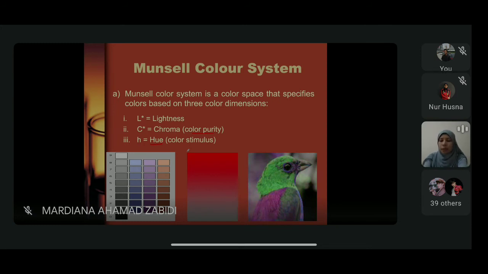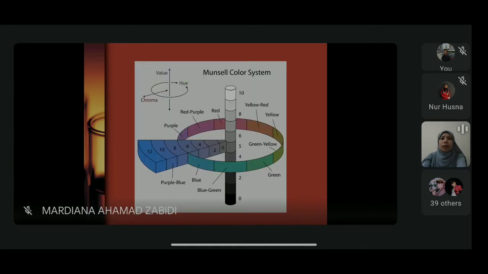When you talk about hue, let's say that particular product has a yellow surface, for example. So when you express that product, you will say that the surface of the product has a yellow hue color. Okay, meaning that is the color of that particular product. Okay, so for the Munsell color system, this one is slightly different.